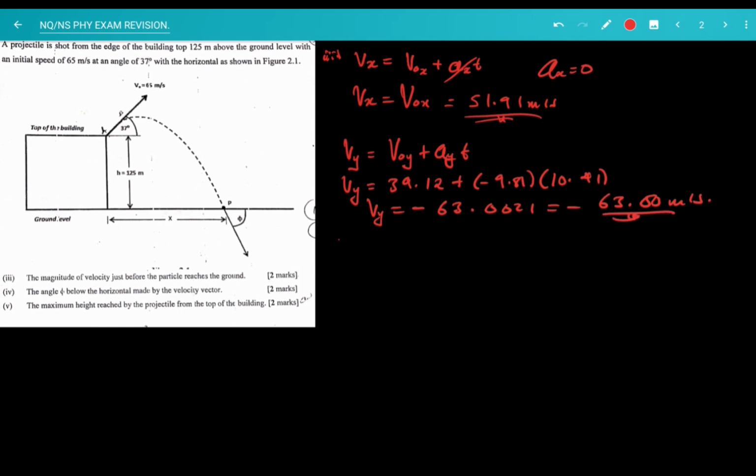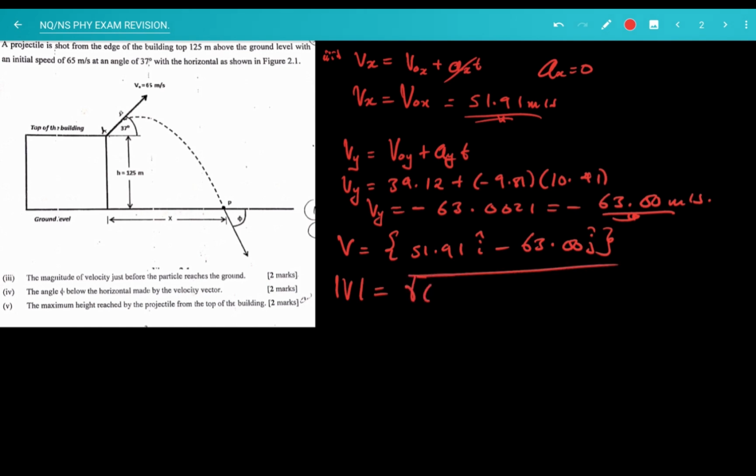So the velocity just before reaching the ground has the components 51.91 in the i, minus 63.00 in the j. Having the components, we can determine the magnitude of this velocity.